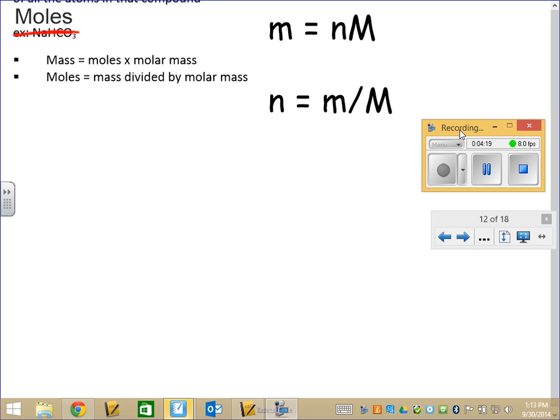You'll see that they're just 2 versions of the same formula. Mass is represented by lowercase m. Moles is represented by an N. And molar mass, a capital M. And the letters represent the same thing in the second version of the formula.